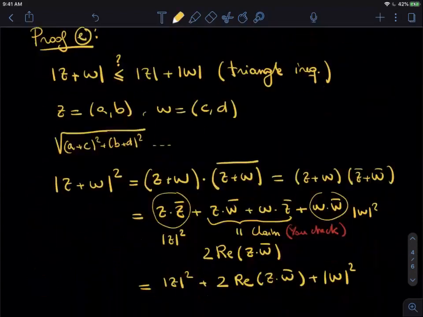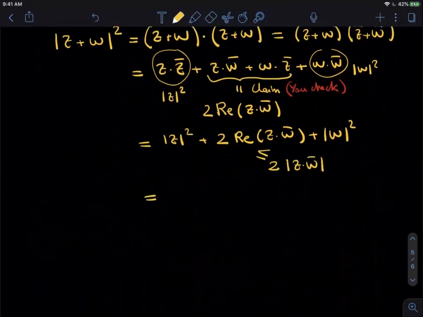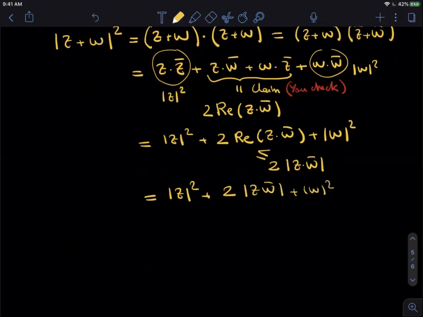So let's apply that here. And we have that the modulus of Z squared plus twice the modulus of Z times the modulus of W plus the modulus of W squared.